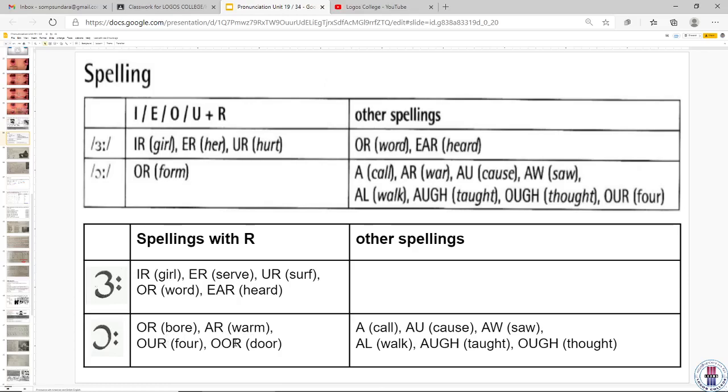For, door. And over here, this is a pure aw sound. Call, cause, saw, walk, taught, thought. You notice one thing here, there's no letter R, right? Where over here, there's the letter R, which is why these are called R-colored vowels. It changes the vowel sounds.